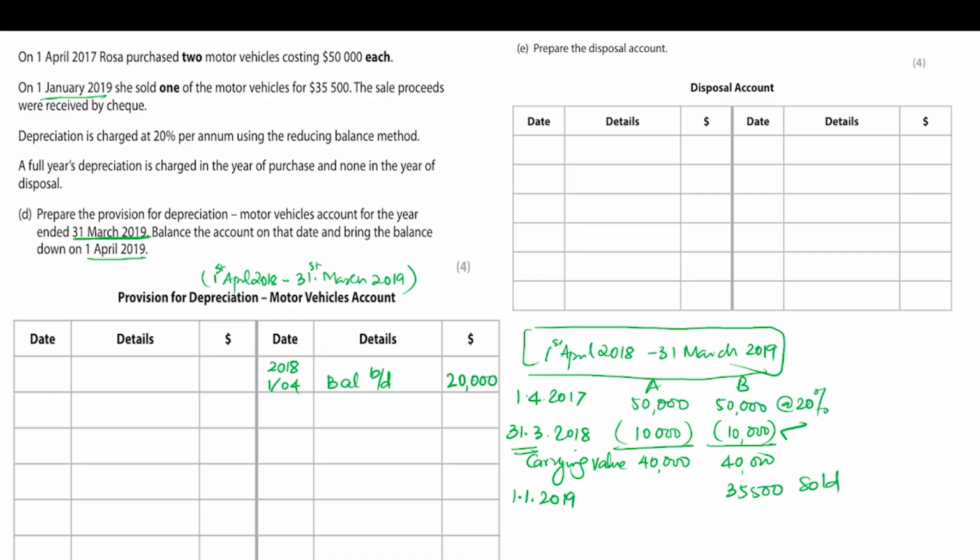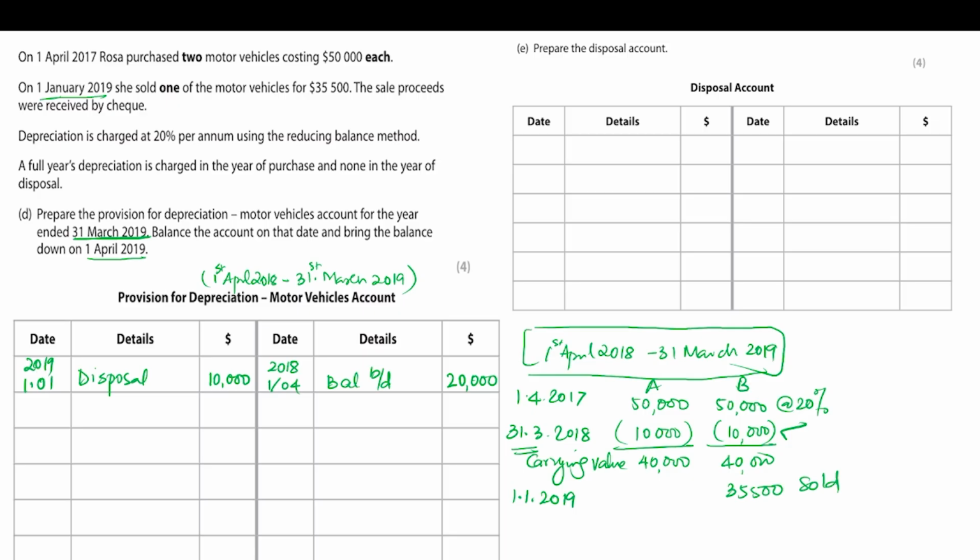So on 1st January 2019 it is sold, so we'll say disposal, and it is 10,000.